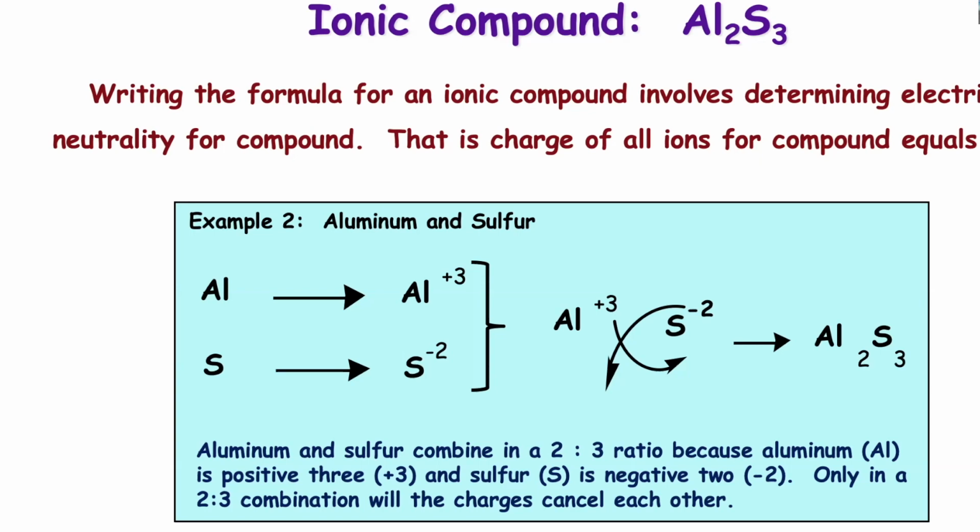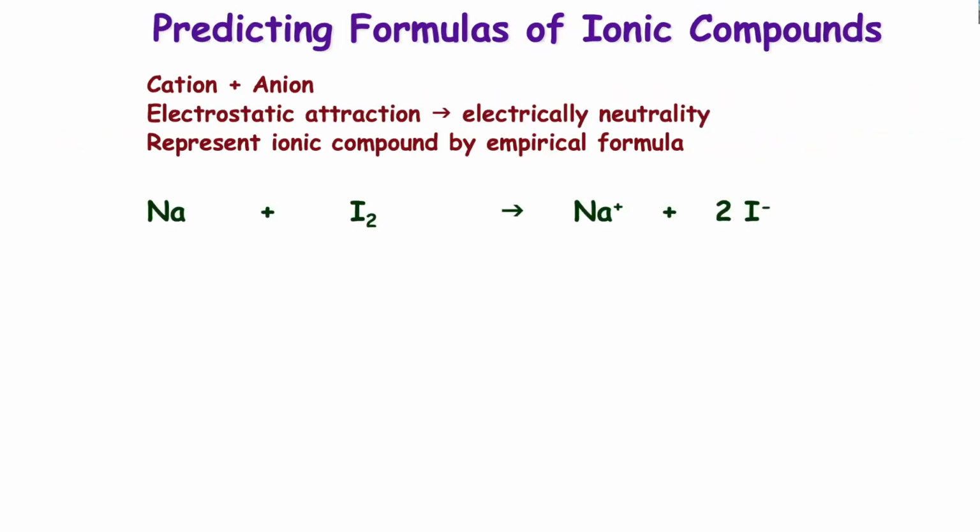Aluminum here is +3 apiece. That'll be +6 for the 2. Sulfur is -2 apiece, but there's 3 of them. That's -6. The +6 and the -6 cancel each other. That's electrical neutrality. And that's how you write the formula for these compounds, just based on their charge.